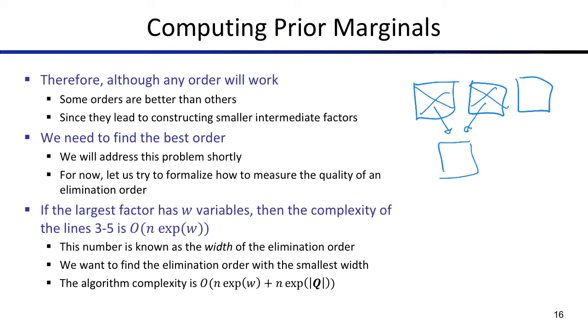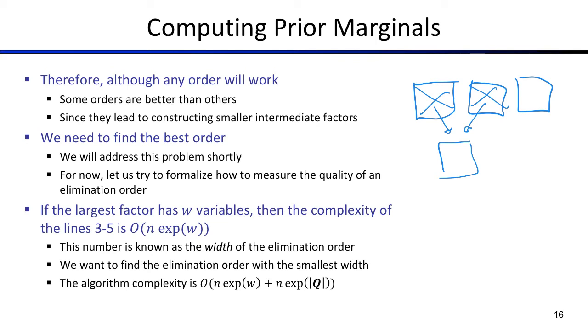So we know that the cost of multiplying and eliminating a variable depends on the size of the factor. So we can think in terms of the worst case analysis that the cost will be n times the size of the largest factor that we may have.